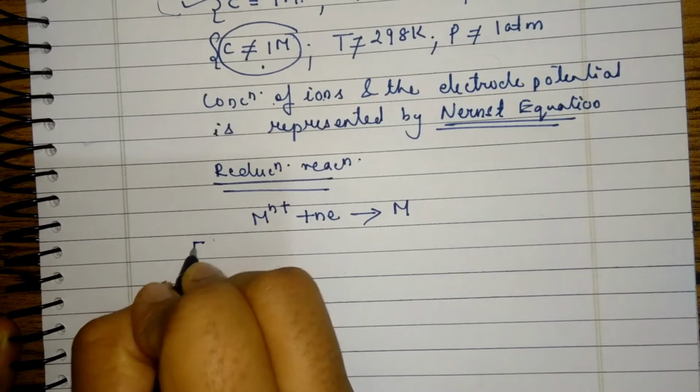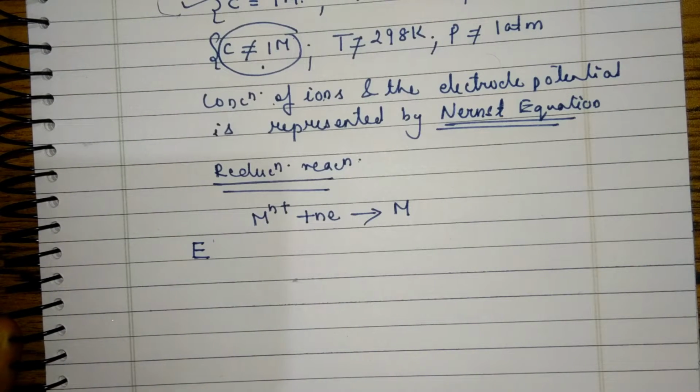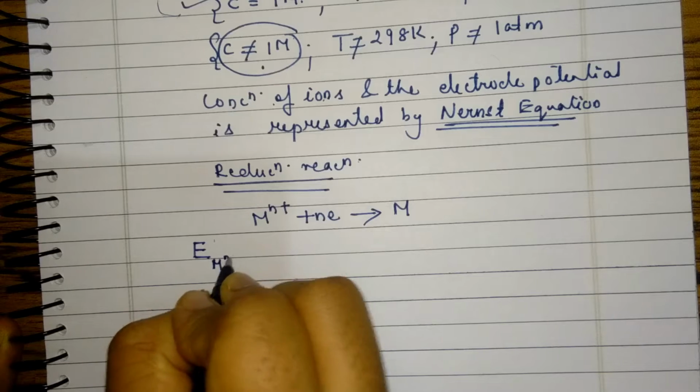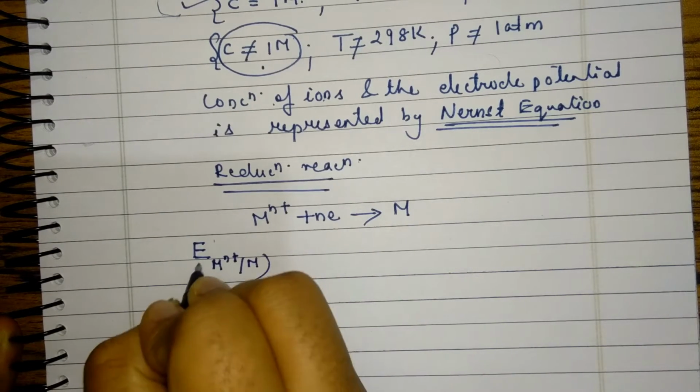According to the Nernst equation, the electrode potential can be written as follows.